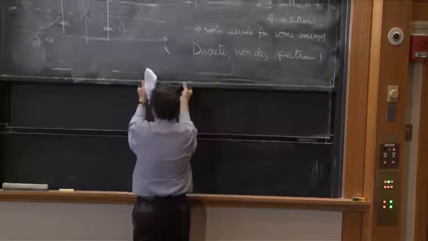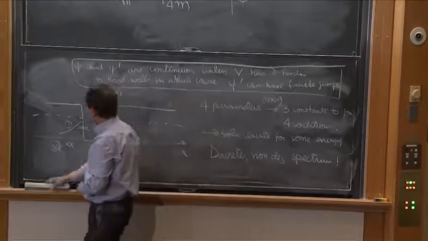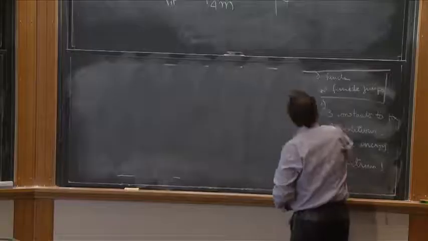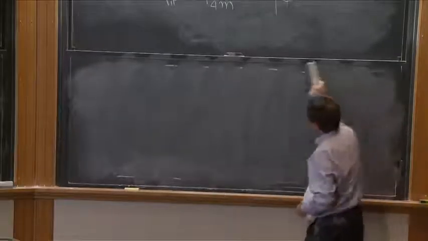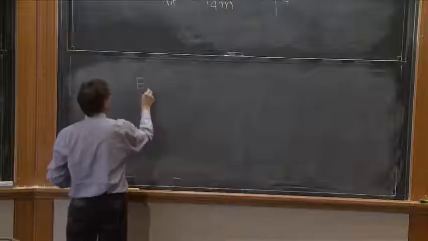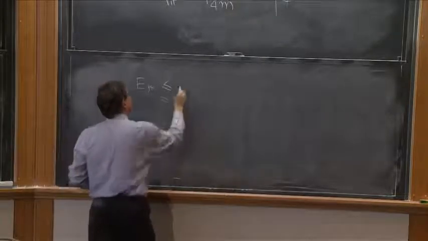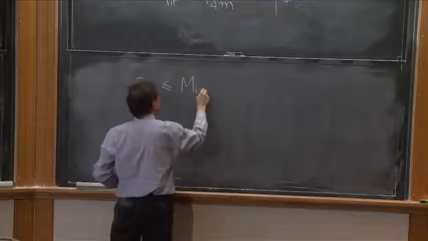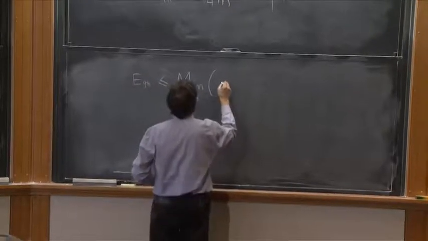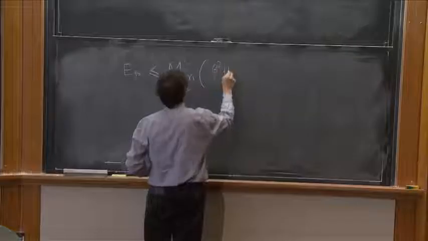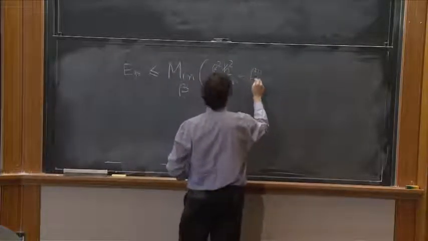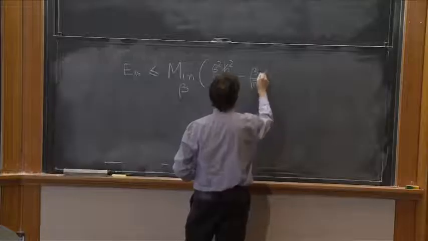So our claim, following from the variational theorem that we've proven, is that the ground state energy is less than or equal to the minimum value over beta of beta squared h-bar squared over 4m minus beta over square root of pi times alpha.